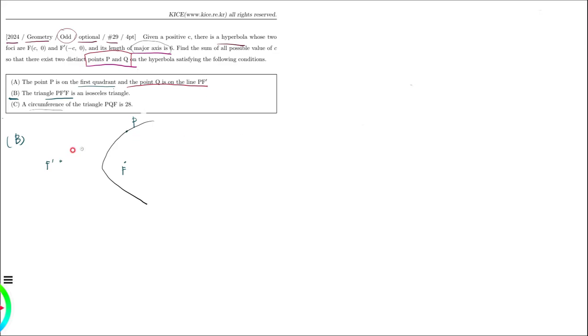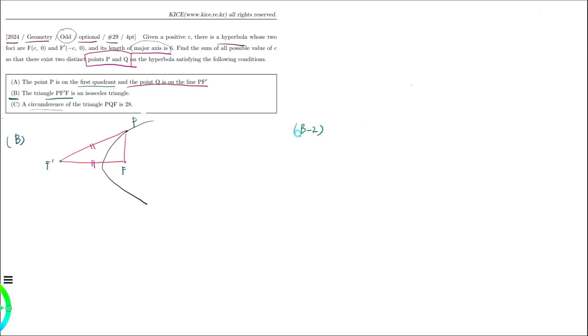And we can draw a triangle like this, and it should be an isosceles triangle. So how many cases do we have? First, think maybe those two sides are the same.